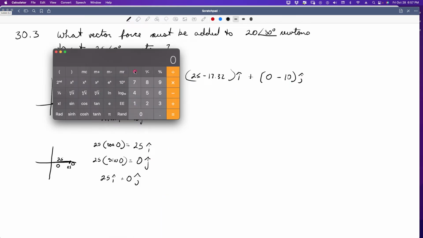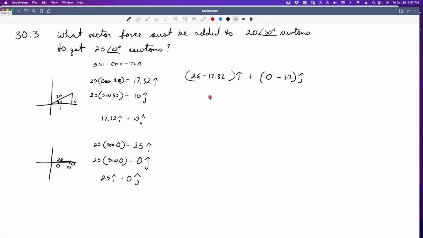See what we get. 25 minus 17.32 is 7.68 I. And then 0 minus 10 is just negative 10 J. So that's our resultant vector right there.